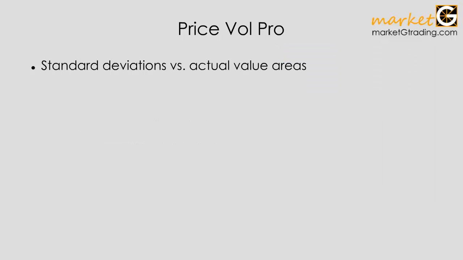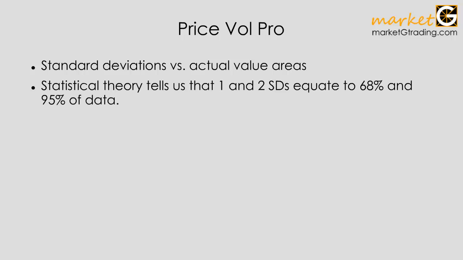I mentioned value areas versus standard deviations, and there are a lot of different definitions of value areas floating around. I wanted to just take a minute to explain what I'm talking about here. In statistical theory, we learned that 1 and 2 standard deviations equate to 68% and 95% of the population data if the data is normally distributed.